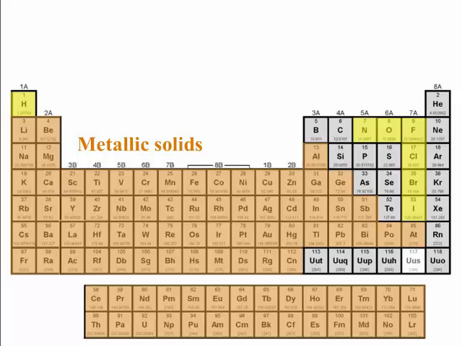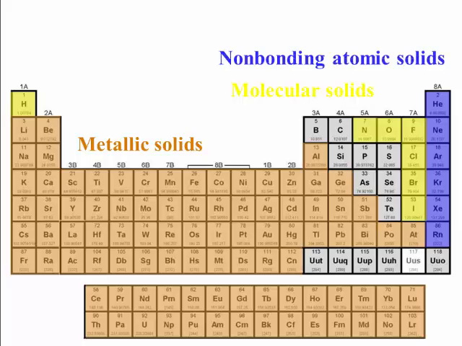Hopefully you recognize that these are our 7 diatomic elements. That means they don't exist as discrete atoms, they exist as molecules, so they would be molecular solids. Nonpolar molecular, to be more exact. What about the elements in blue here? What type of crystal do these form? The noble gases form non-bonding atomic solids.